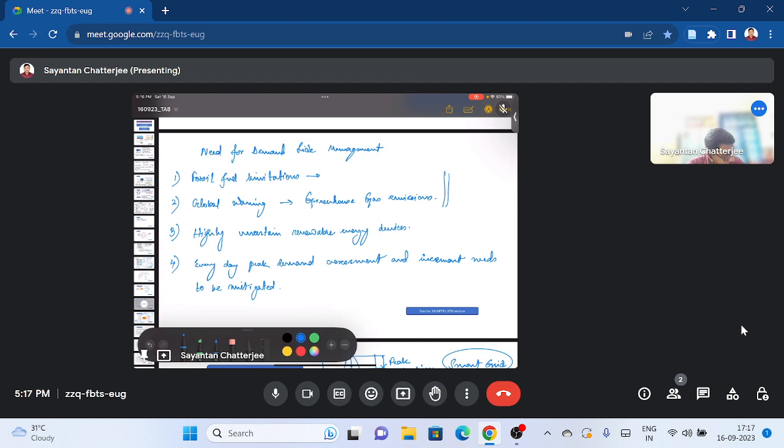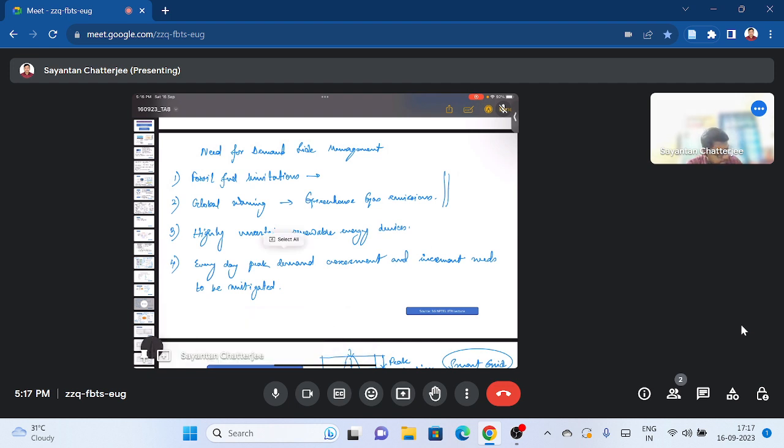Mainly, these are the needs of demand side management.